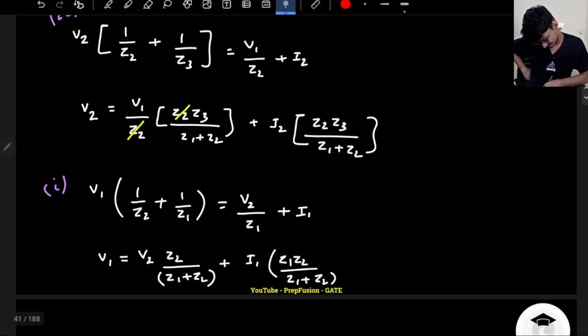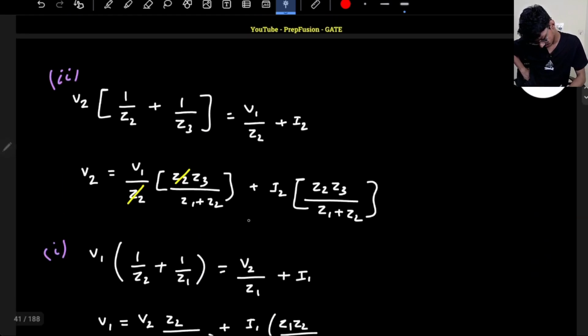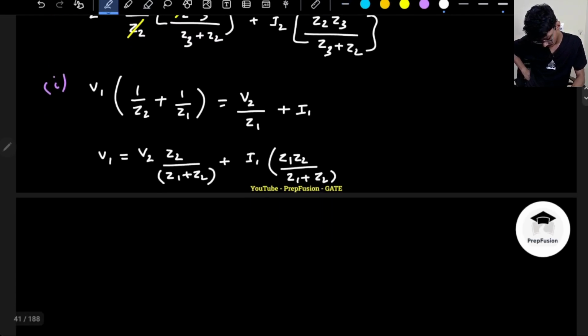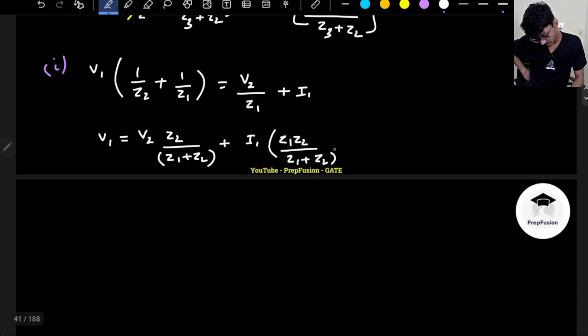So okay, this is Z1 plus Z2 is also here. Huh? No, this should not be. Sorry, this is Z1 plus Z3. Sorry, this is Z2 plus Z3. Okay, so ultimately, right, if you solve the equation, you will get some values.